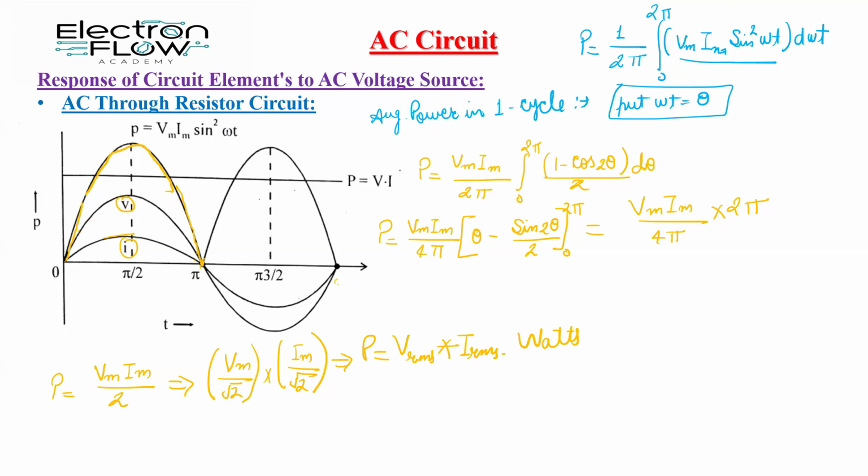From pi to 2 pi, both voltage and current are negative, so the multiplication will also be positive. So again from pi to 2 pi, I will get the positive value of the power. So the average value of the power I will get here is P equal to VI. This is the phasor representation of the waveforms. So this is how we can calculate the power in the AC circuit while the load type is resistive.